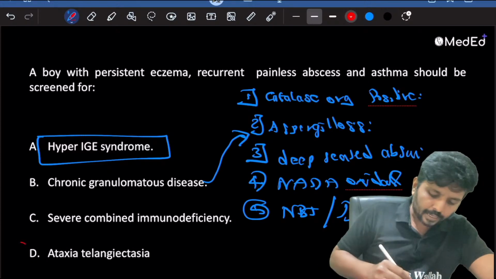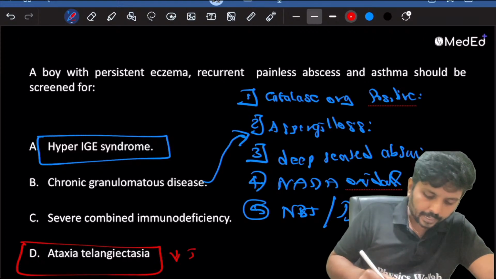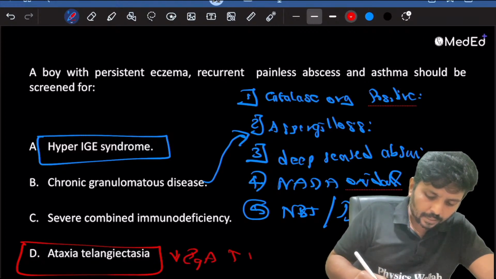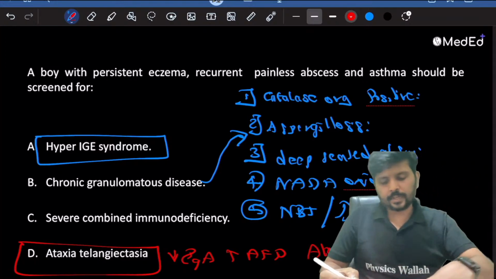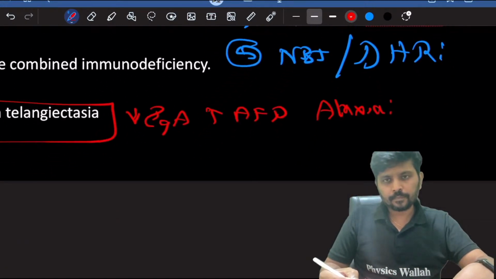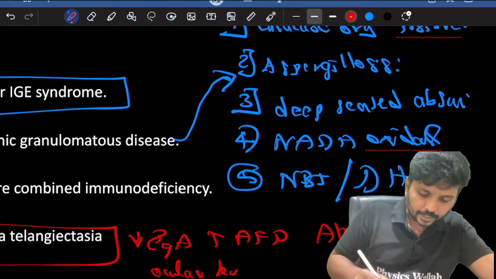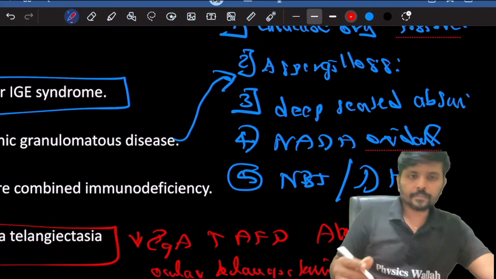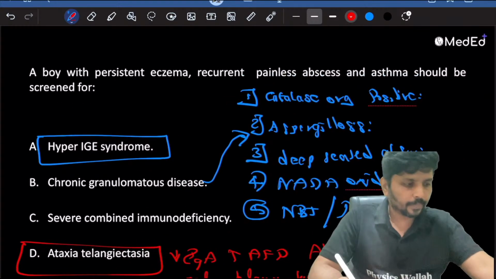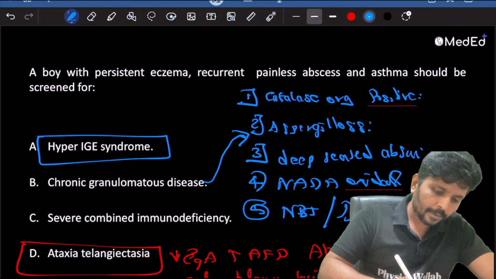So what about ataxia telangiectasia? It is characterized by reduced IgA, increased alpha fetoprotein, ataxia, and ocular telangiectasia. Then severe combined immunodeficiency.